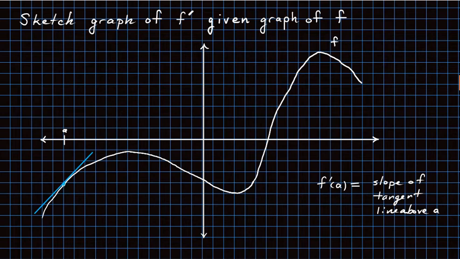So the slope of this tangent line will give me the value of f prime at A. Now notice that in this case the slope is positive. So the value of f prime of A is a positive number.